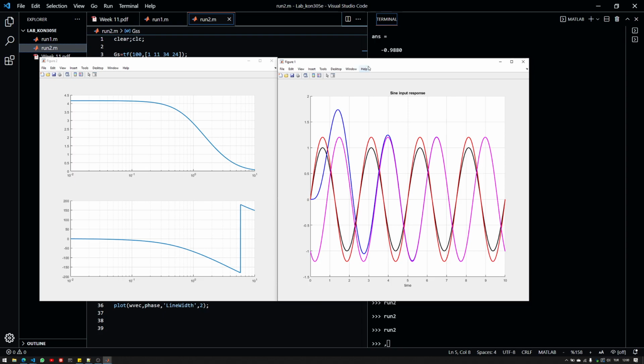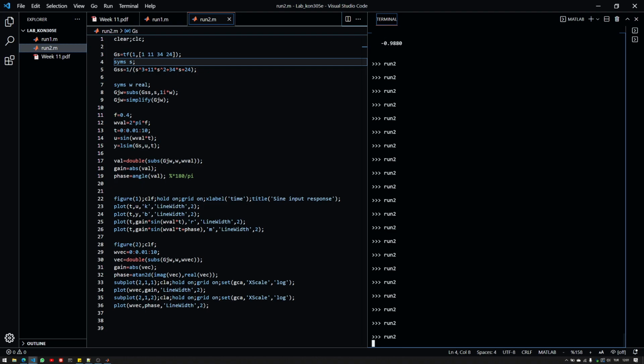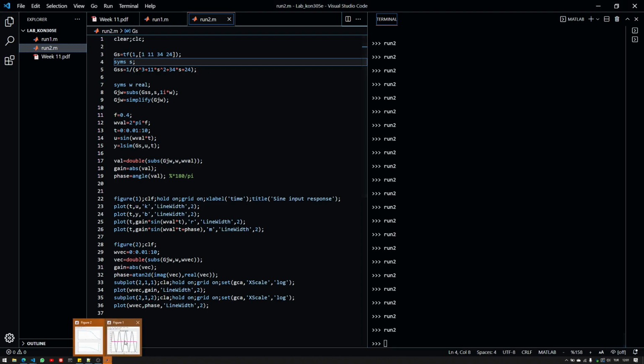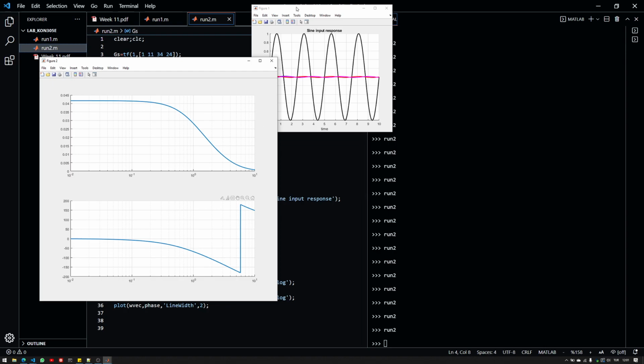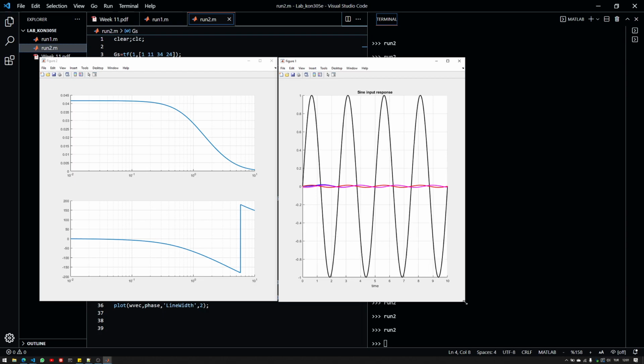So let's get back to our focus here. We are not really interested in this at the moment. What we're interested in is how I can use this Bode plot, this frequency domain approach, to determine the stability of my system.